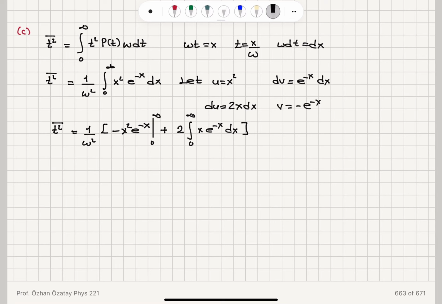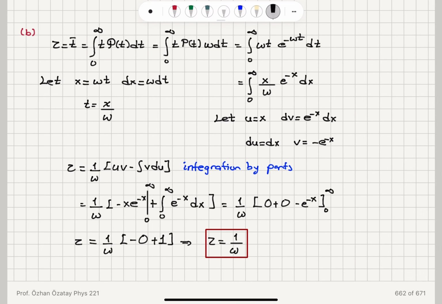So I will be left with 2 over omega square integral from 0 to infinity x e to the minus x dx. Now integral 0 to infinity x e to the minus x dx gives me 1.